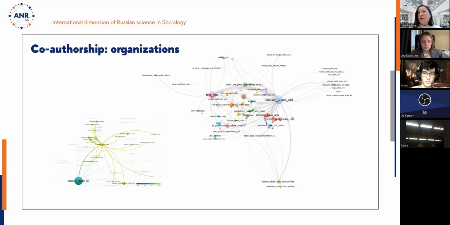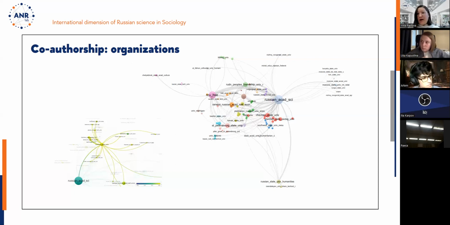We decided to call them rising stars, some organizations which demonstrate maybe higher, not necessarily productivity in terms of number of documents published, but in terms of being included in collaborations within Russia. For example, such phenomena are some Chechen institutes and research organizations.